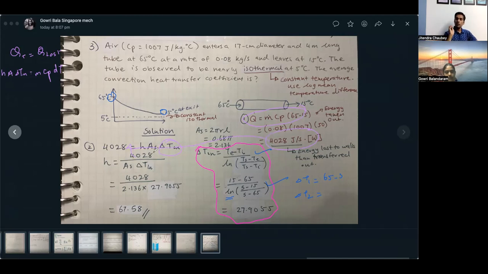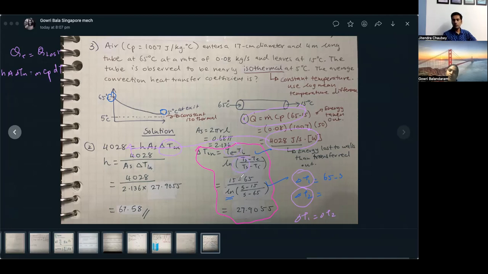One complicated situation would be, what if delta T1 and delta T2 are the same? What would you do? When delta T1 is equal to delta T2, the log of the same value is 0. Log of 10 by 10, log of 1 by 1 is 0, and anything divided by 0 is not defined.